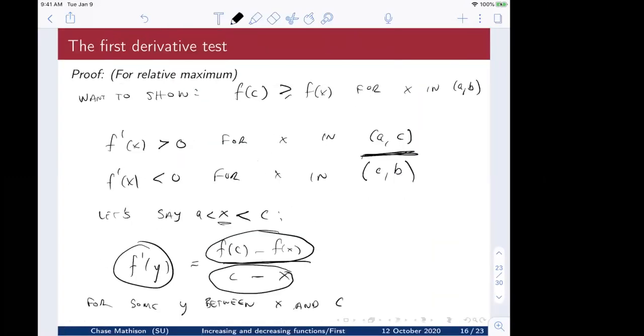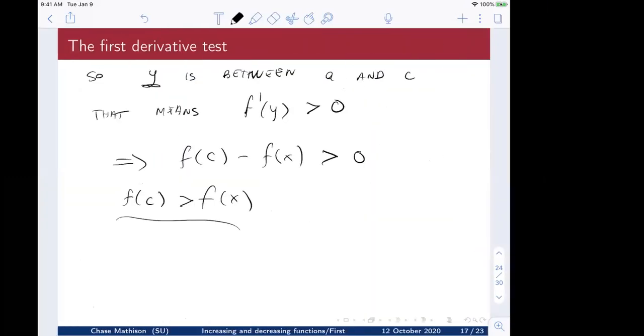The other thing you would want to do then from there is say, take x, let's say c is less than x, and then you do the same thing again, but then f prime of x there is smaller than 0. You do the whole thing again, and you'll also find there that f of c has to be bigger than f of x.